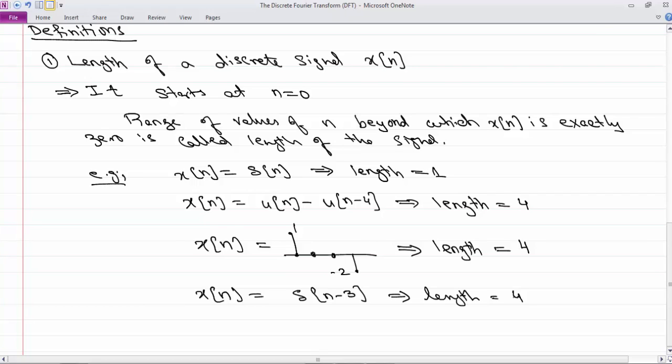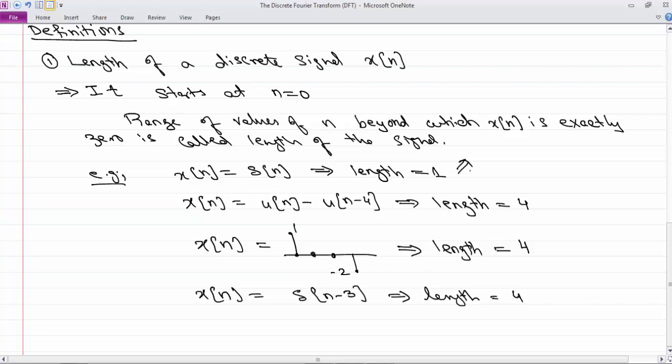Now sometimes we will want to actually increase the length of the signal. If I look at the first signal, delta[n], sometimes I would add zeros. First of all, in a real mathematical sense, saying that I add zeros at the end of the signal makes no sense. We know the signal is 0 after n equal to 0.